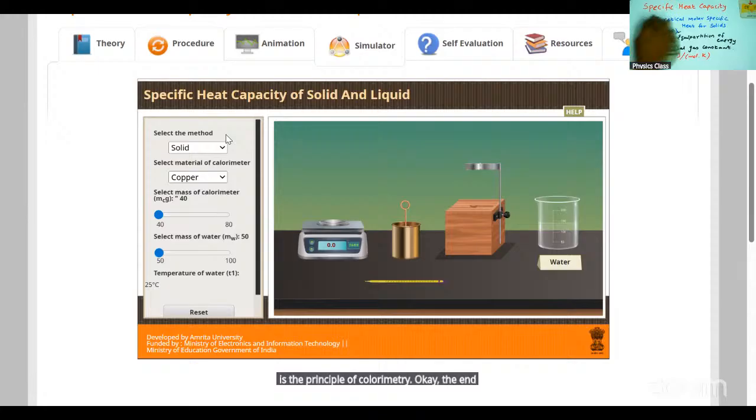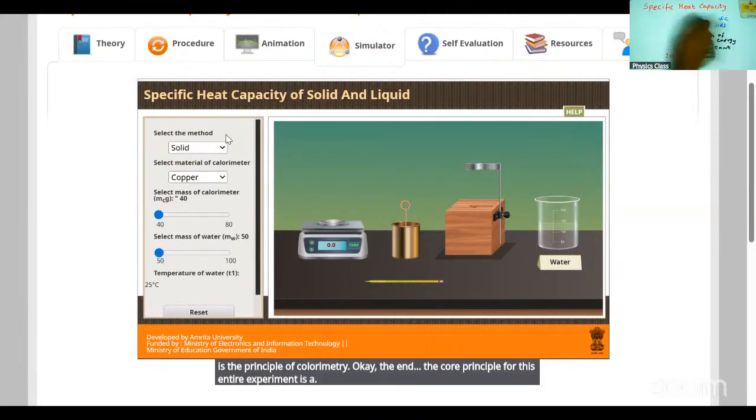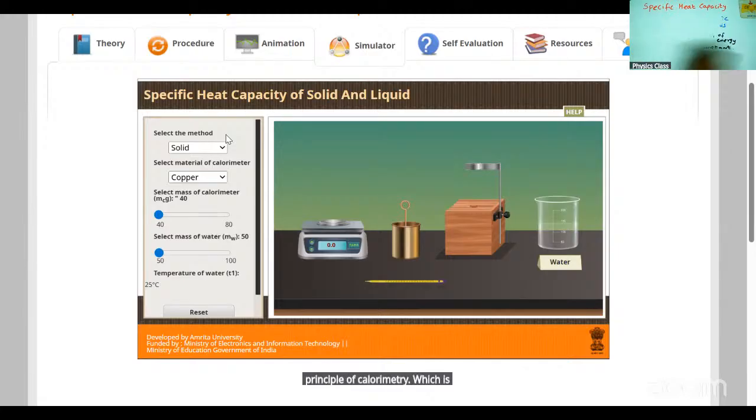The core principle for this entire experiment is the principle of calorimetry, which states that for an isolated system, heat lost by the hot body is equal to the heat gained by the cold body.